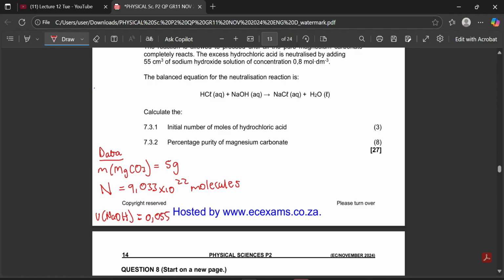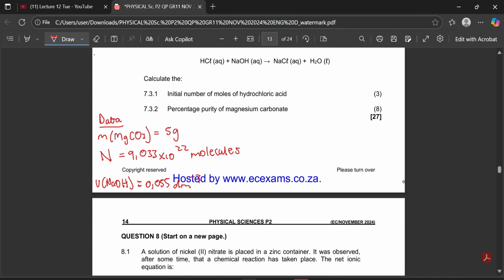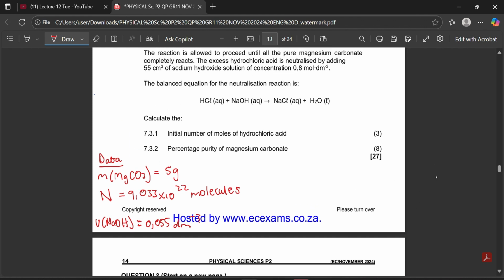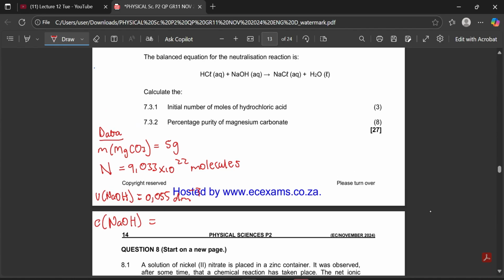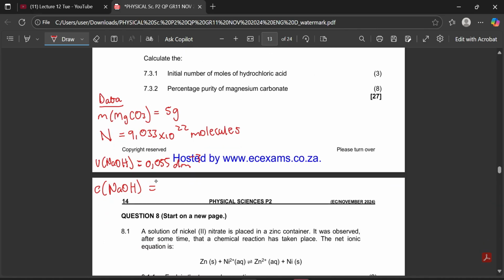So that's my cubic decimeter volume. Cool. And then what else do they give me for sodium hydroxide? They give me the concentration, and that gives me 0.8 molars, 0.8 moles per cubic decimeter.